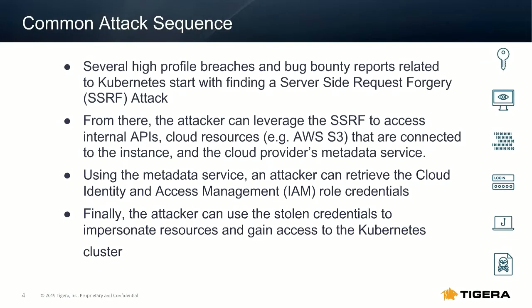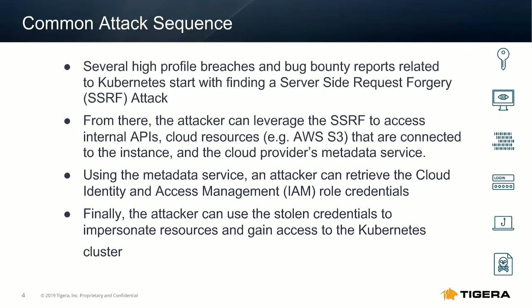From looking at several high-profile attacks and breaches, the most common attack vector is something called a server-side request forgery attack, also known as an SSRF. From here, the attacker can leverage the SSRF to access the internal APIs, cloud resources that are connected to the instance, and the cloud provider's metadata service.